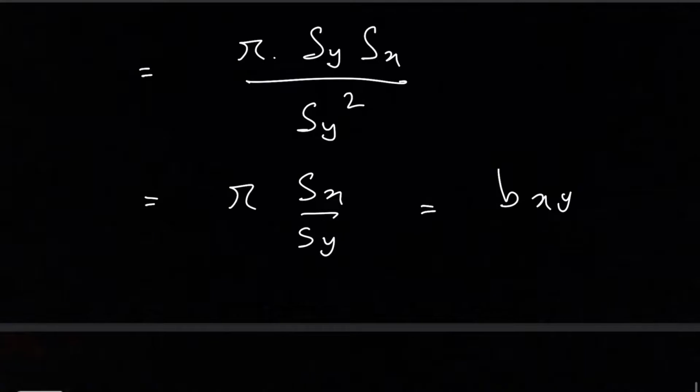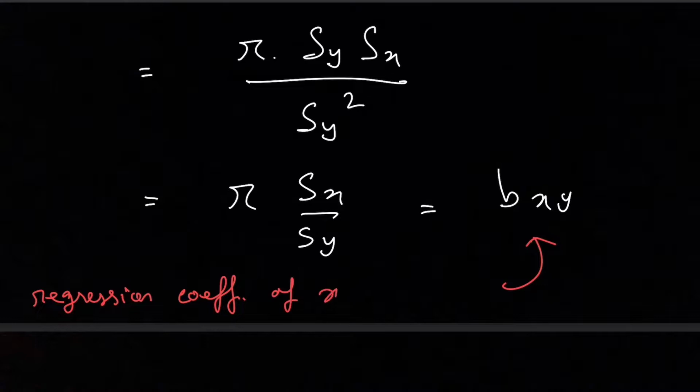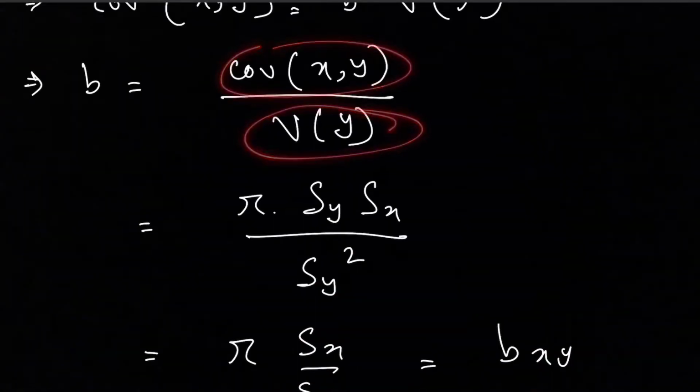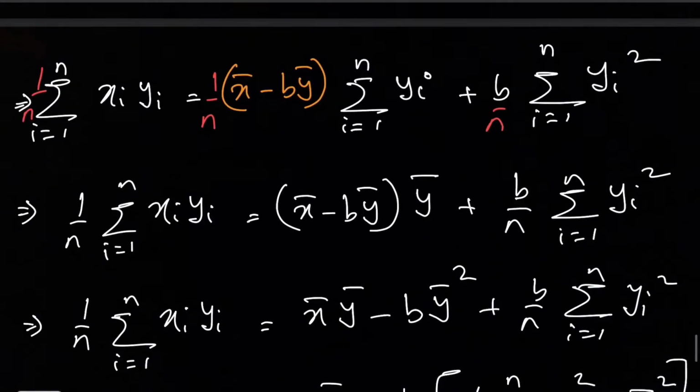So what we call it is the regression coefficient of x on y. How you can remember is that x on y, so x is on y, and similarly covariance of xy is on y. By that you can remember.